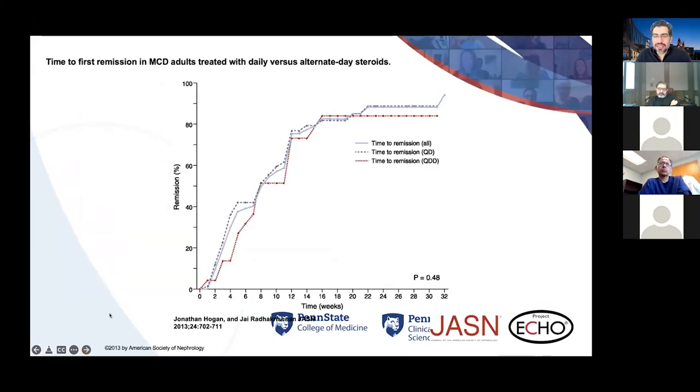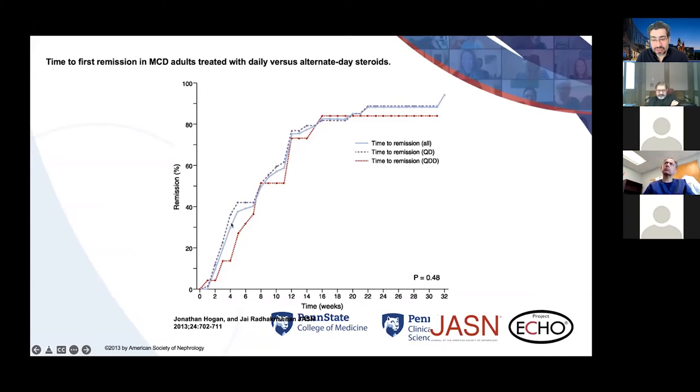So this was another question: how do we treat? Some patients are treated with daily steroid use, and some patients are treated with every other day, alternate day steroid use. So who responds earlier?